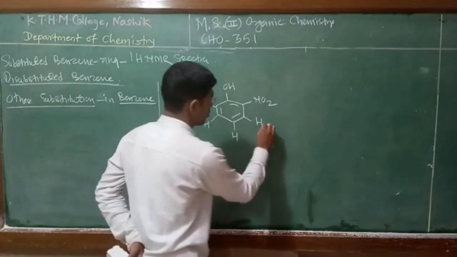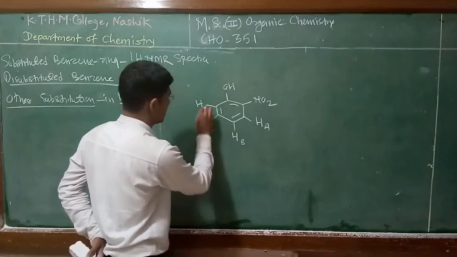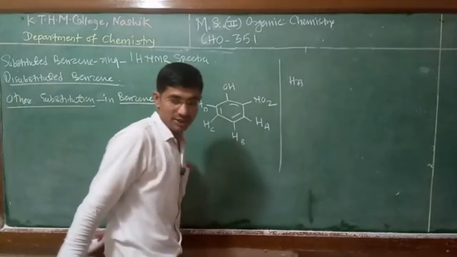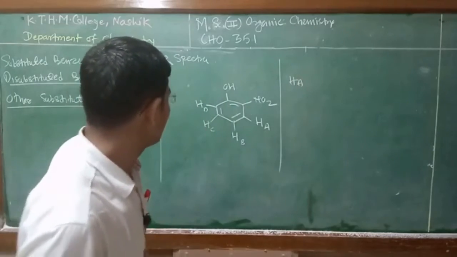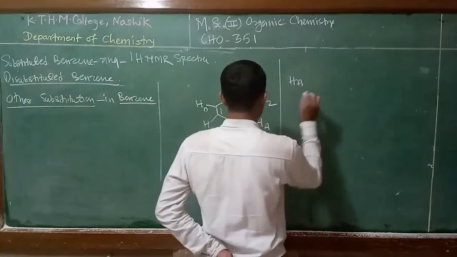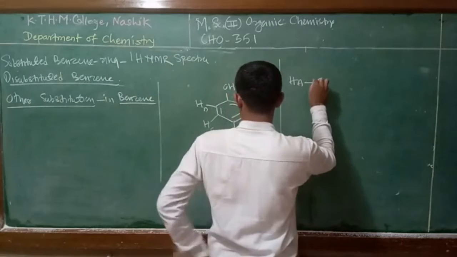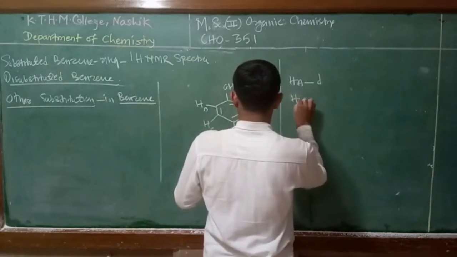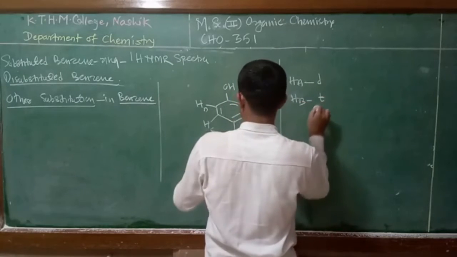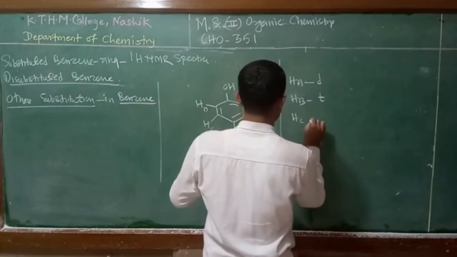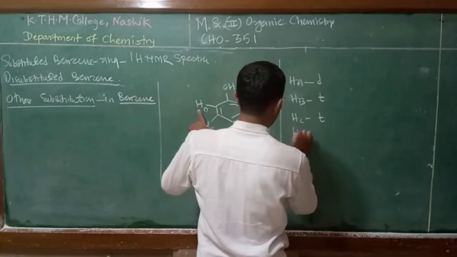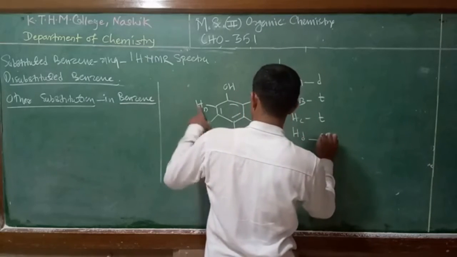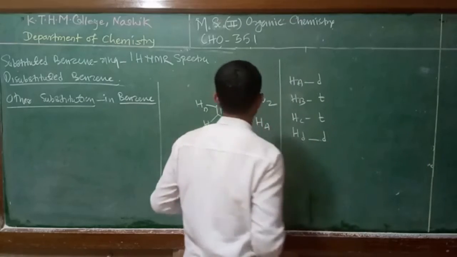In this case also Ha, Hb, Hc and Hd, suppose all the protons are different, so they resonate at different chemical shift values. Ha is coupled with Hb by ortho coupling, so a doublet. Hb is coupled with both, so a triplet. Hc is coupled with both, a triplet. And Hd is coupled with Hc, so we observe a doublet.